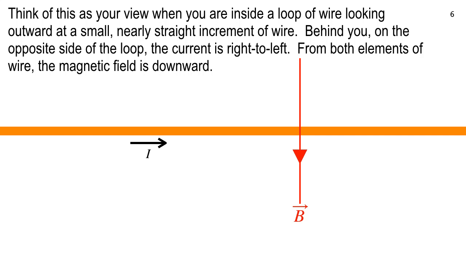Now you can see that red field line is over the orangey conductor, so that's inside the conductor. So you're looking out of this loop of wire, and the first thing you see is that field line, and then you see the conductor. So that's a field line inside the loop.